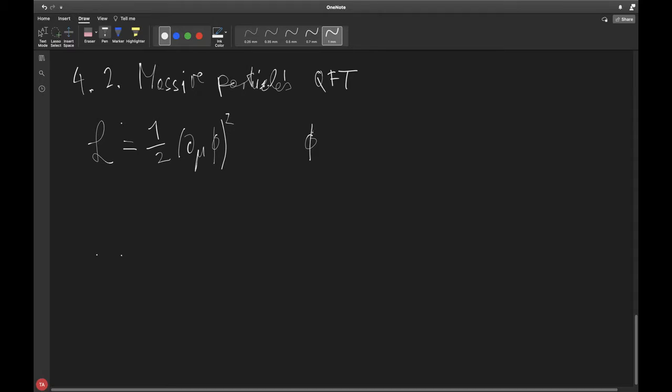That means that whenever we take the derivative, we need to bring the factor down with 1. So it has to be an even power of phi. If we want to take the simplest case again, then this phi will be to the second power, because we need an even number, and the lowest even number is 2.